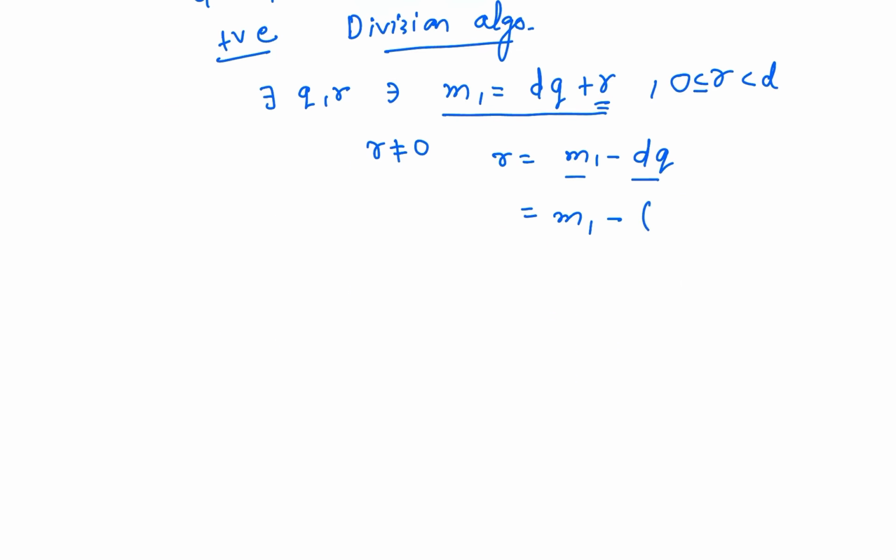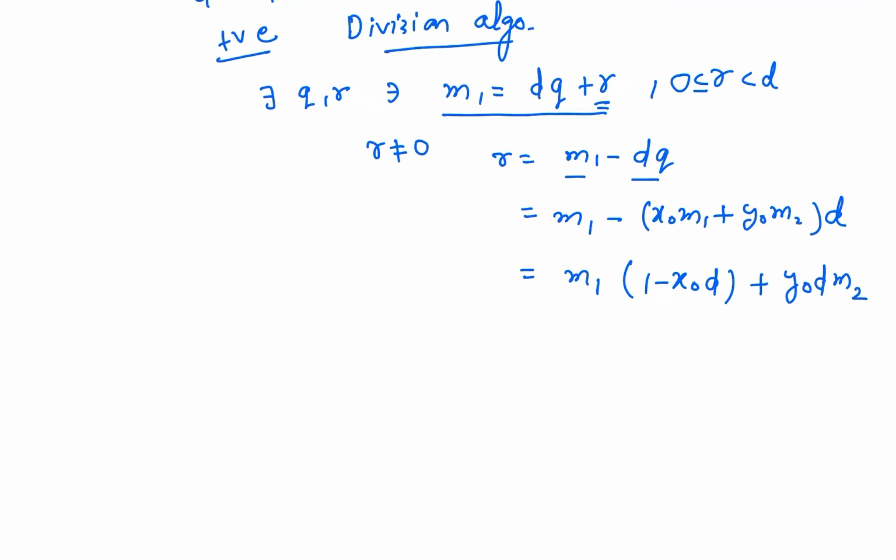So M1 minus (x naught M1 plus y naught M2) into Q, which is equal to M1 into (1 minus x naught Q) plus y naught Q into M2, which is equal to R.